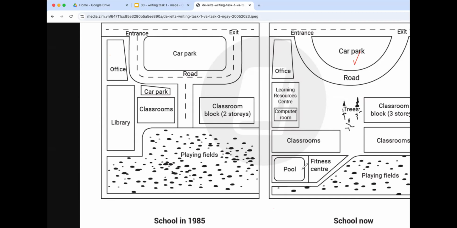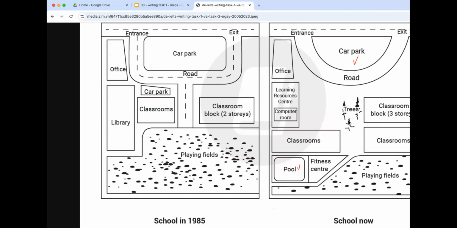Pool, we have a new pool and we have a fitness center. So what are they about? For sports and sports facilities. Yeah, sports facilities, more space for classrooms.